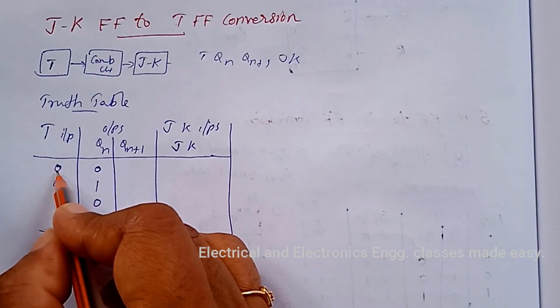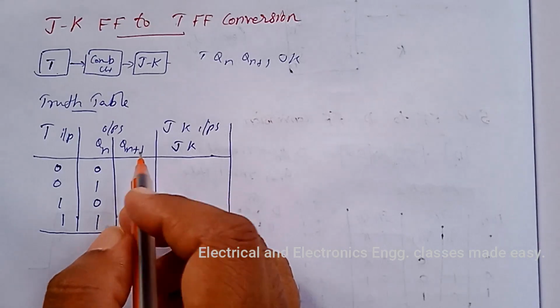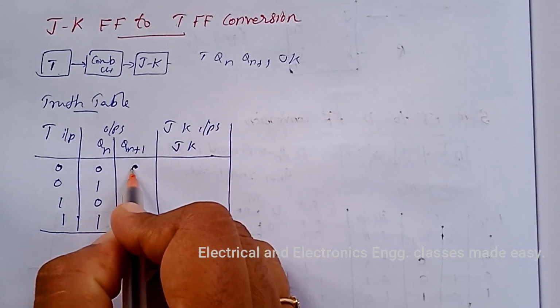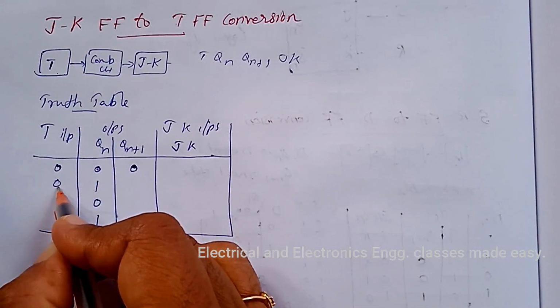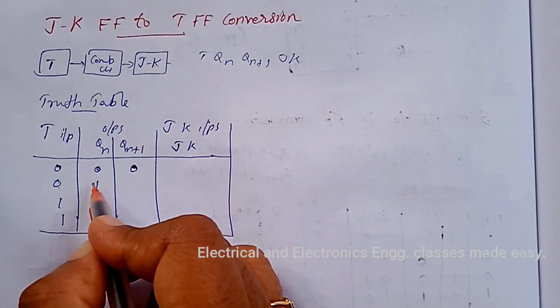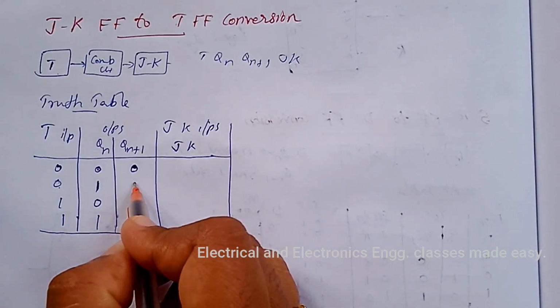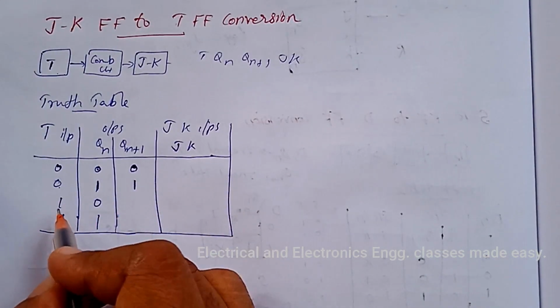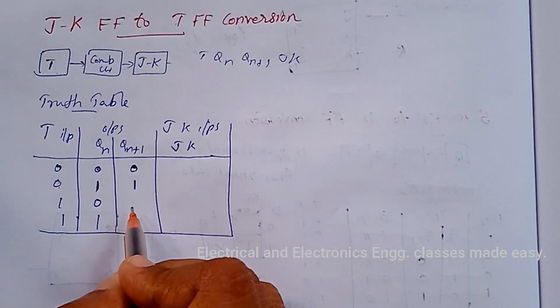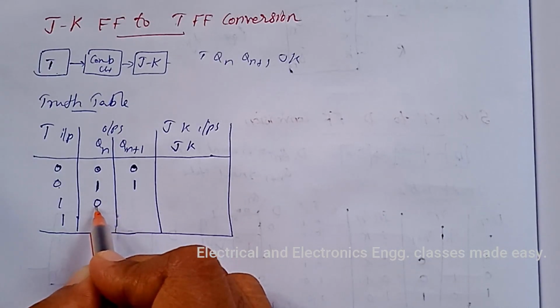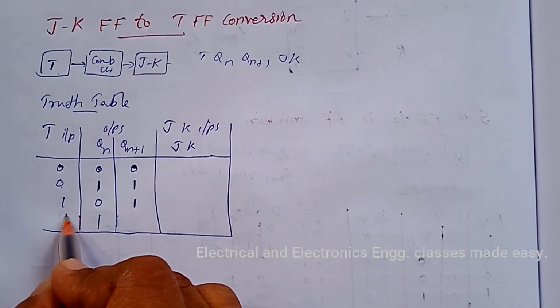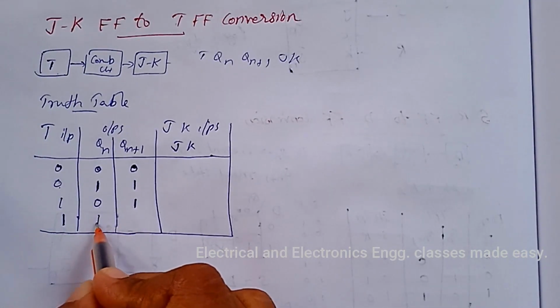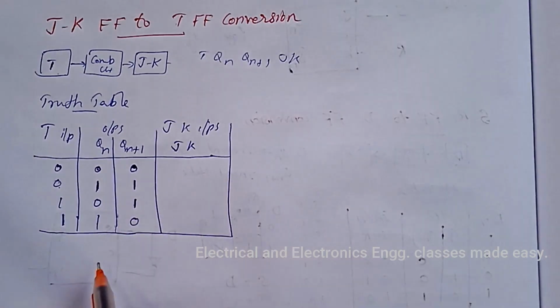For T input 0, the output will be no change, that is here this is 0, so no change. Then for T input again 0, output will be no change, that is here it is 1, so no change, means here also 1. Then for T input 1, the output toggles. Toggles means what was the present output 0, that means it changes to 1. Here also for T input 1, the output toggles, that is 1 changes to 0.